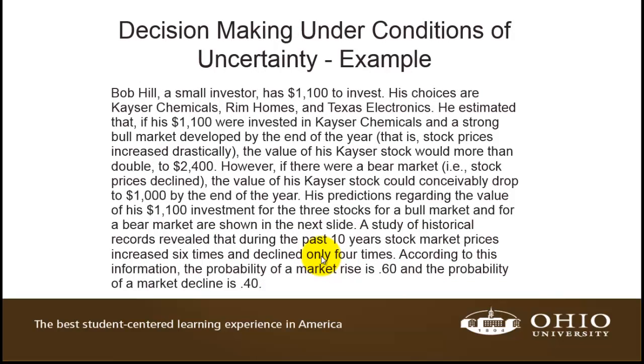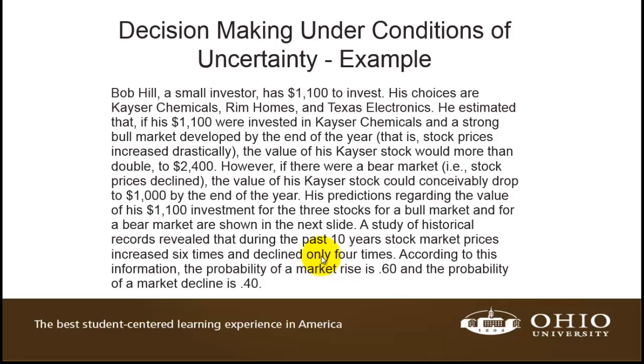We have Bob Hill here, who has $1,100 that he wishes to invest, and he can choose to invest it in three different possible investment opportunities: Kaiser Chemicals, RIM Homes, or Texas Electronics. He also knows how much money he'll recover if he invests in each of those three different opportunities based on what the state of nature is.